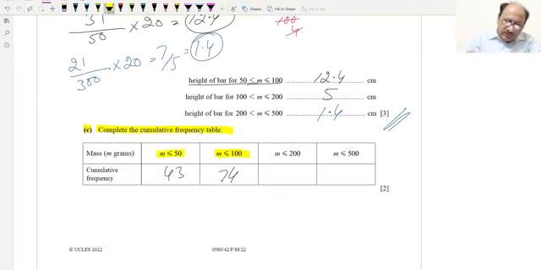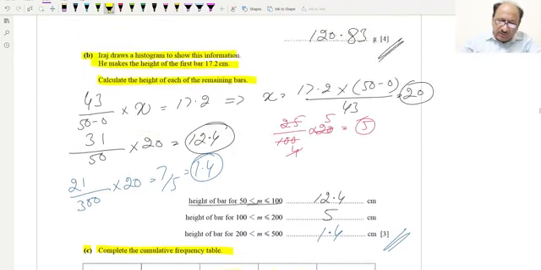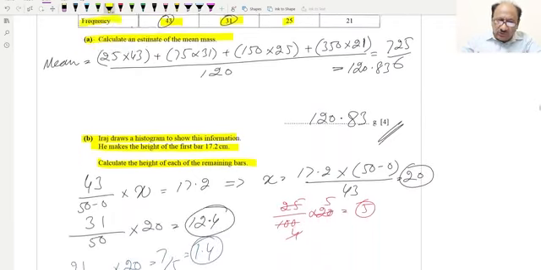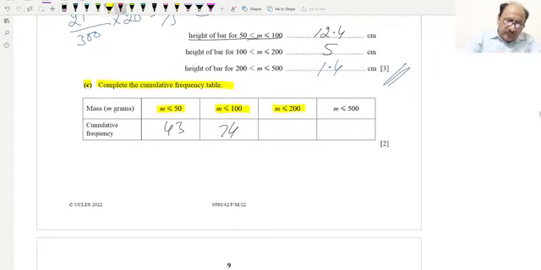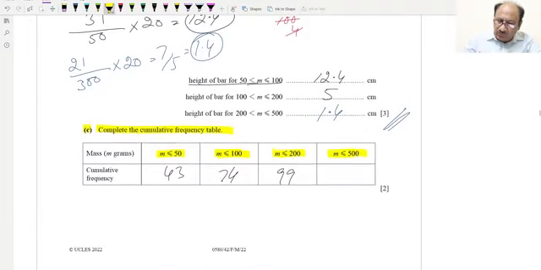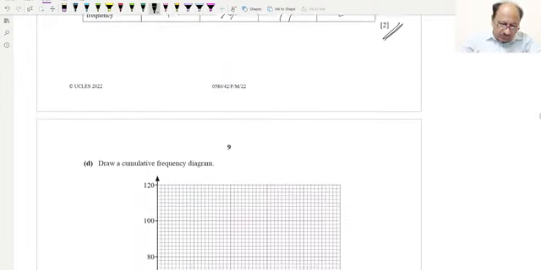Less than or equal to 200 will include this as well, so 74 plus 25 will be 99. Then less than 500, or all, is 120, so we can write 120 over here. This is the completion of the table, which is for 2 marks, which we are done.